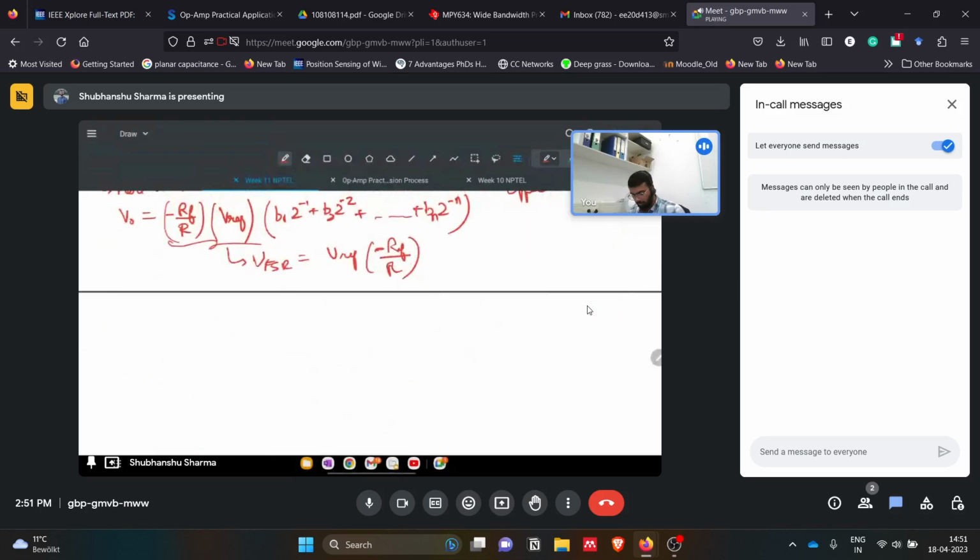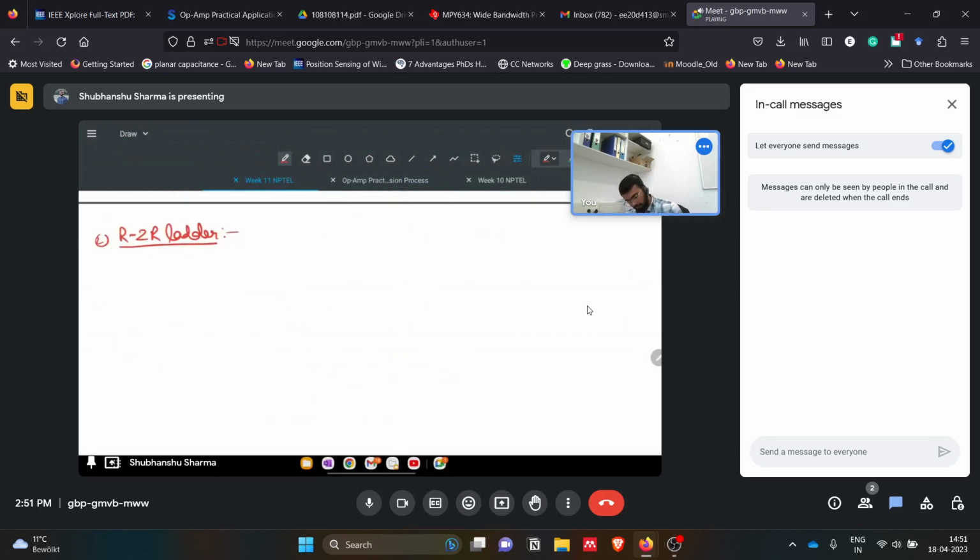Now if we talk about the R-2R ladder circuit, we have a reference voltage Vref. It goes till n bits, and in the end it is R and 2R.